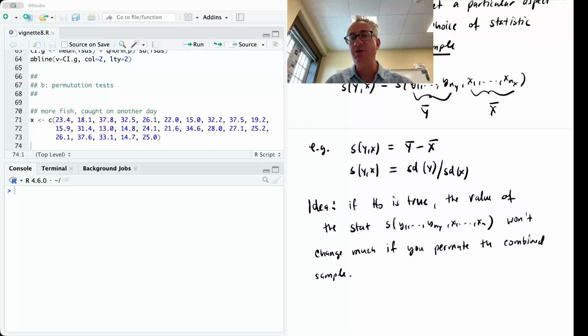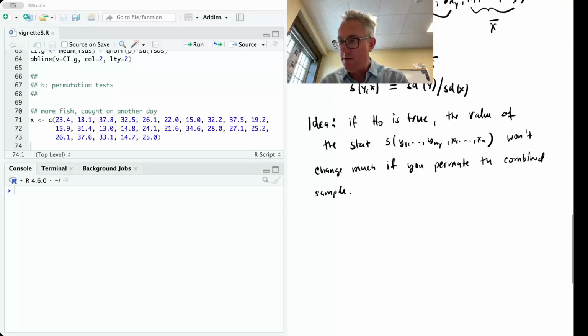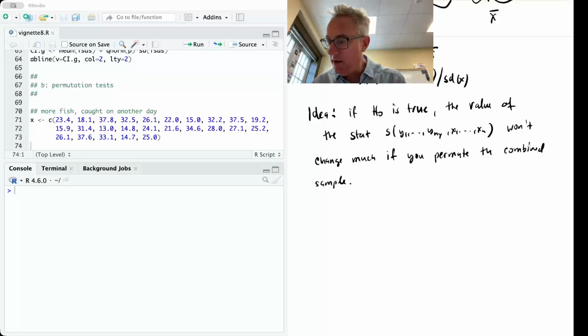That is, if you change the position of the y's and the x's in that vector.